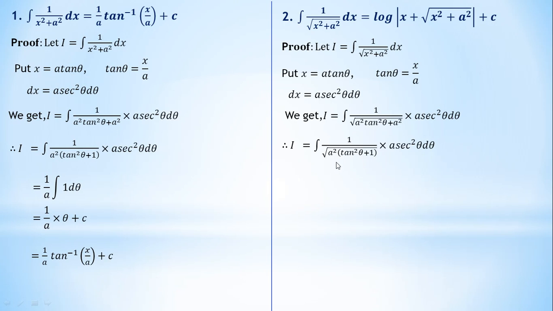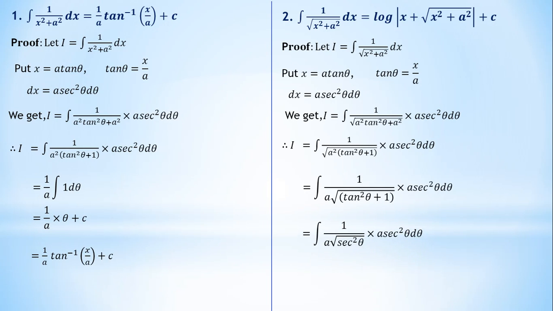See here properly. Now after getting this a square, we can write it as a outside of the root, and under root there is tan square theta plus 1. But tan square theta plus 1 means sec square theta. So under root there will be sec square theta. So root of sec square theta is sec theta.